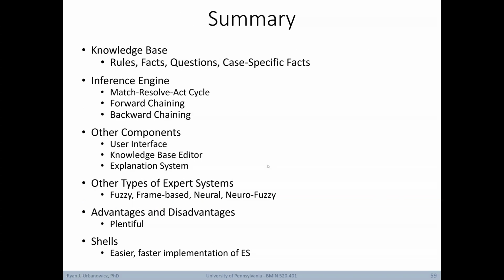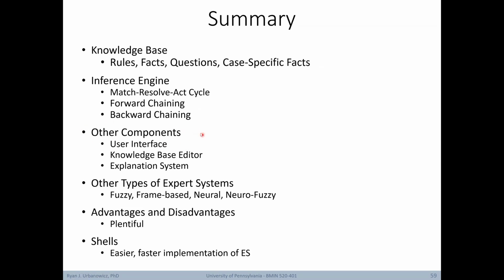Here's a summary of this lecture. We started by going over the major components of a rule-based expert system, including the knowledge base, which includes the subcomponents of a rule base, a fact base, a question set, and case-specific facts. Then we looked at the inference engine, learning about the match, resolve, act cycle, and looking at how both forwards and backwards chaining work in the context of rule-based systems.